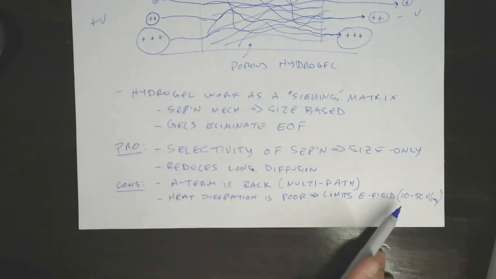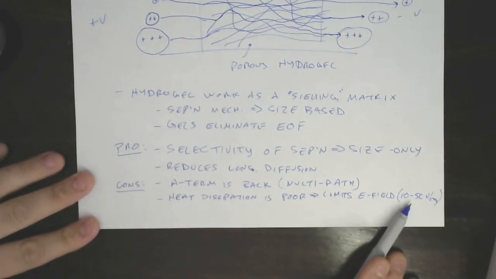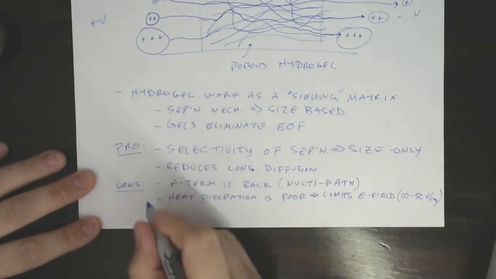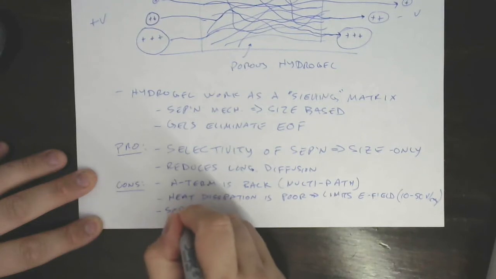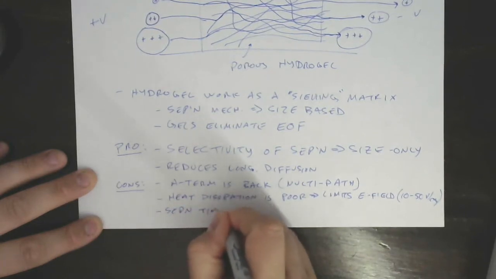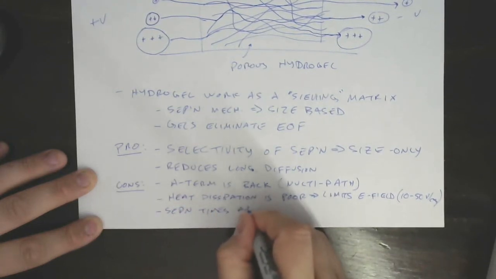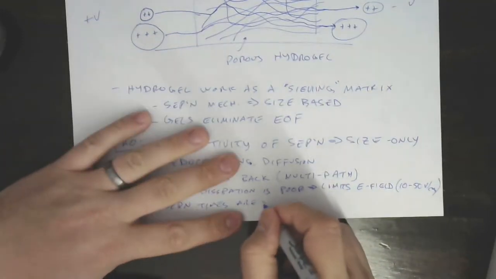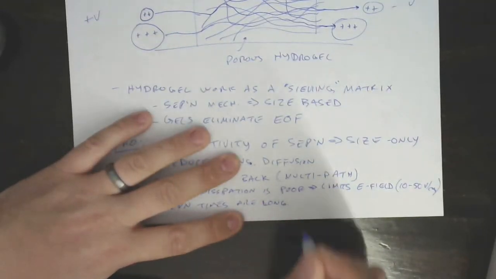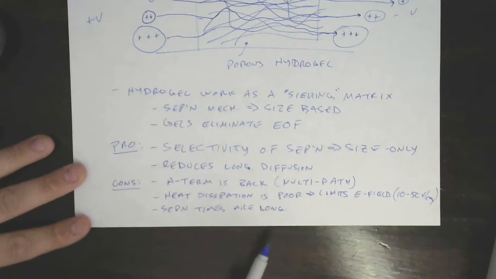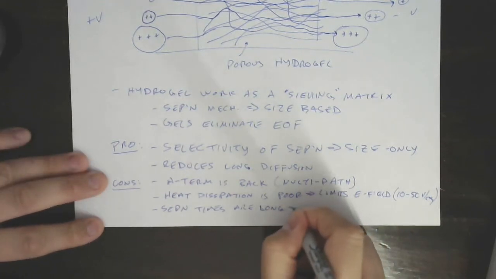Let's see, what else can we say about this? The fact that we have to stick to these low fields means that separation times are long. They can be very long. These things can take hours to do separations on. Long separation time. So here's the other side of that coin.